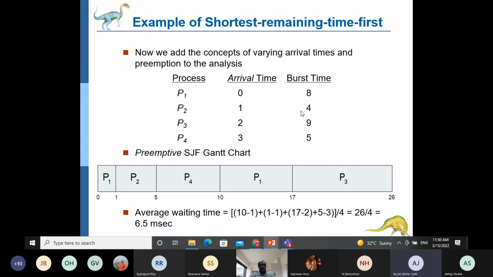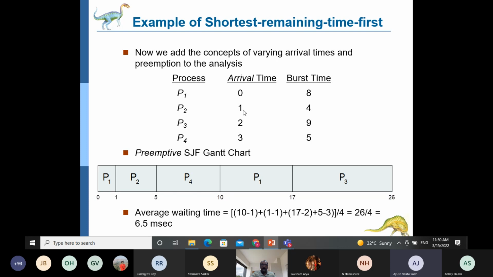P2's burst is smaller than P1's remaining burst. Since it is preemptive scheduling, and P2 is the shortest job, P2 is given the chance. That means the CPU is switched from P1 to P2.